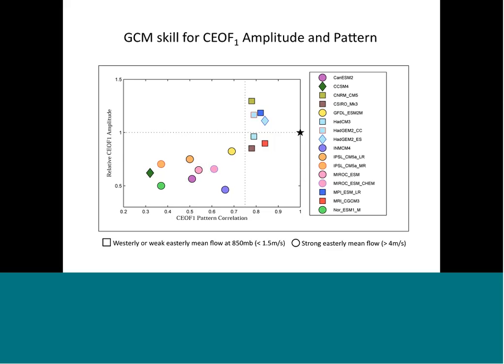We can see those models which show relatively higher pattern correlation capture a more realistic summer mean flow over the Eastern Pacific, while those models with relatively lower predictive scores for the intra-seasonal variability show an unrealistic summer mean flow. This notion can be further elaborated by the next slides. Next, please.